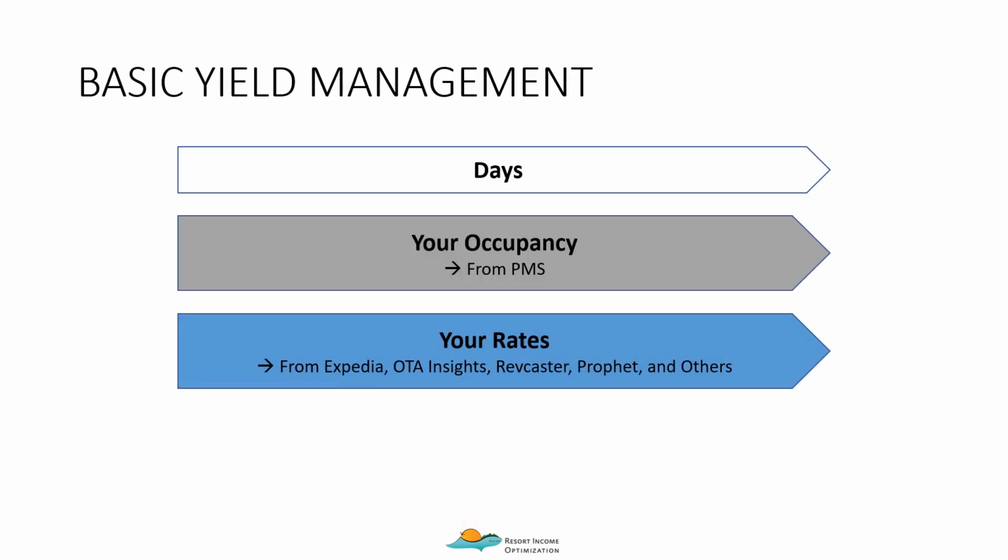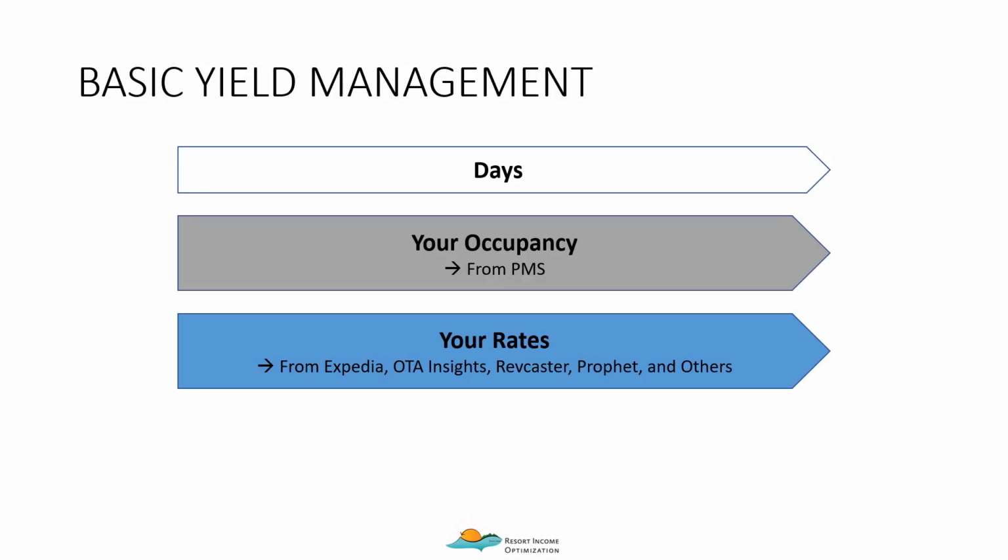Then you want to pull in your rates. Now, obviously, you could pull them in from the PMS in different places, but the thing is, your rack rate is typically in the PMS, and then it may get pushed out to the direct booking engine or to the channel manager, where there's other adjustments made for packages or promotions or meals and so on.